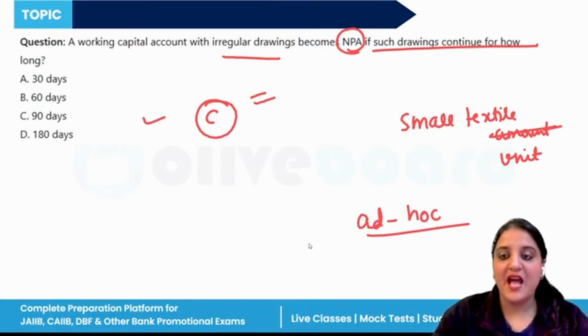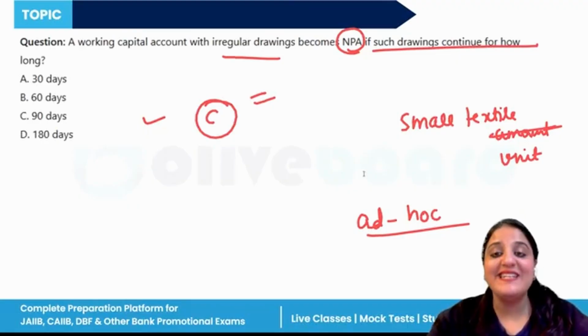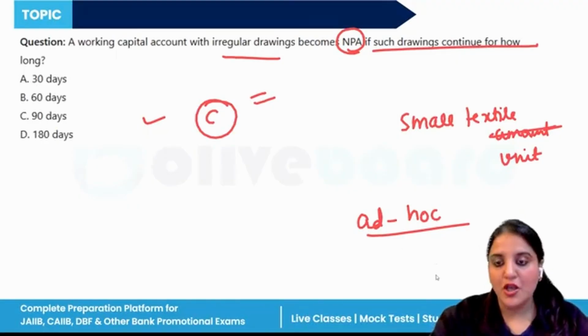Loss asset means an asset identified as loss by the bank or the auditors. And what is the meaning of temporary deficiencies? Temporary deficiencies is a 90-day rule where minor irregularities are tolerated up to 90 days, right?